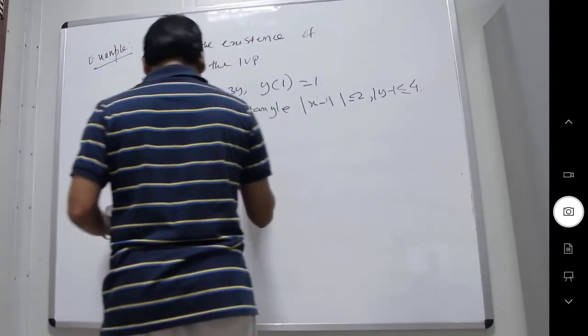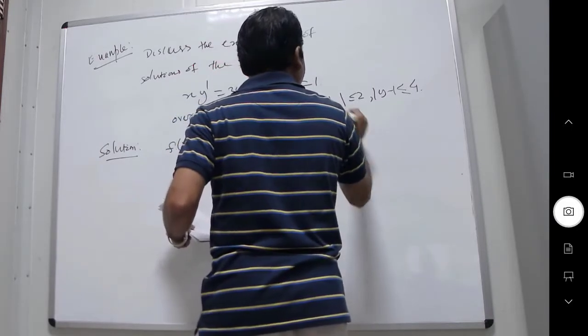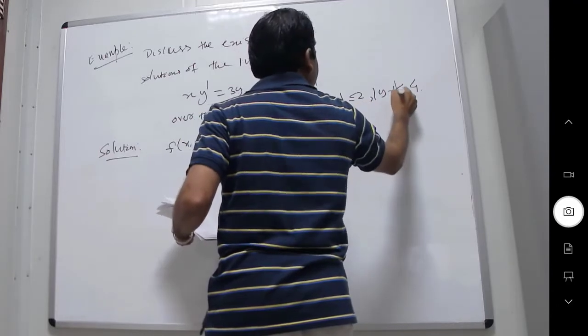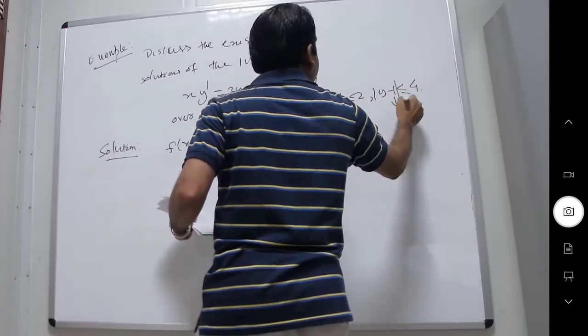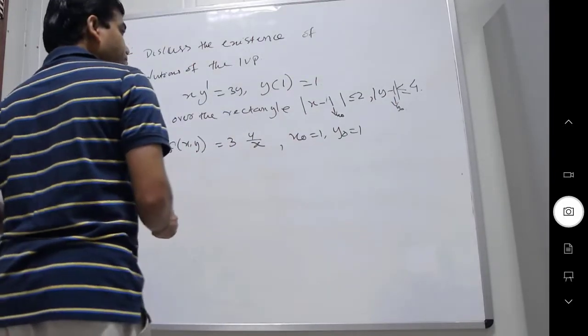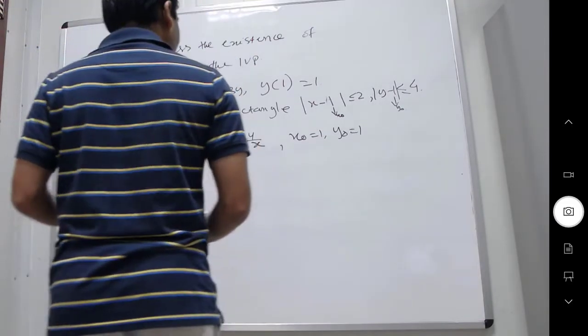by x, where x naught is 1 and y naught is 1, right? And in fact a is 2, b is 4, right?